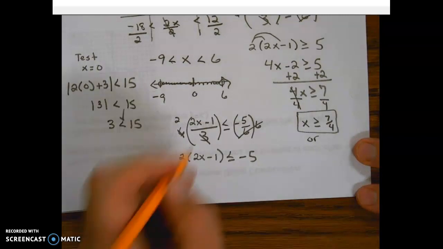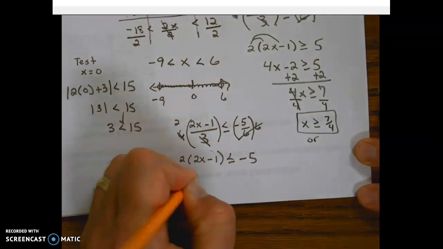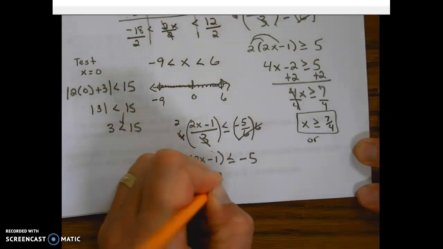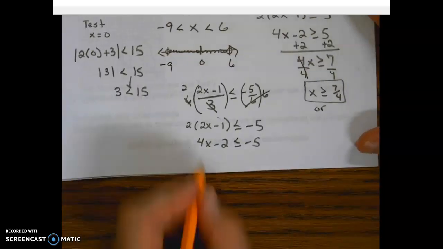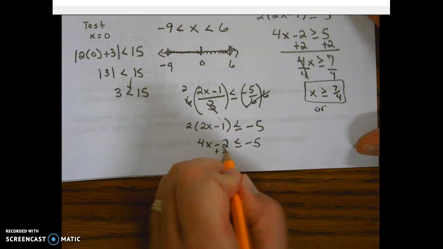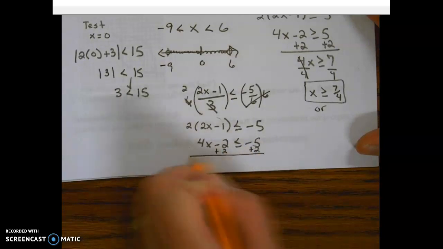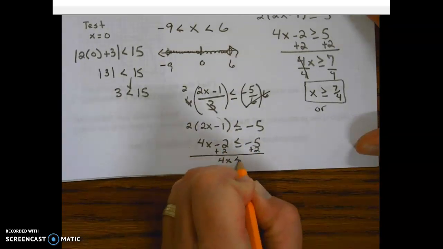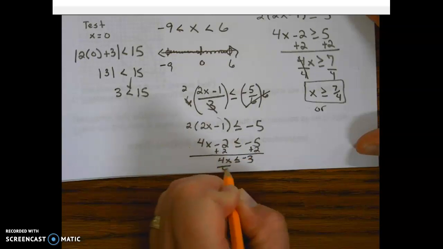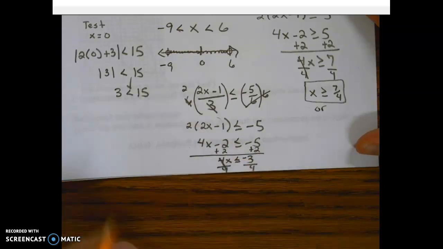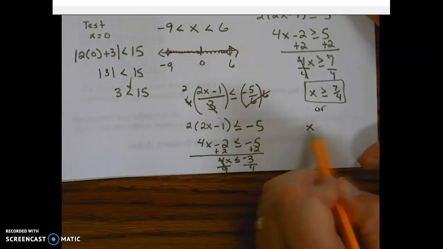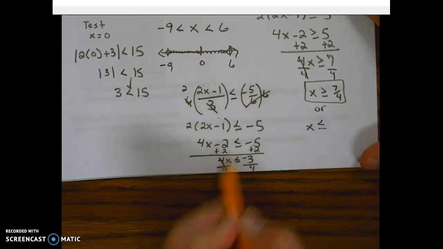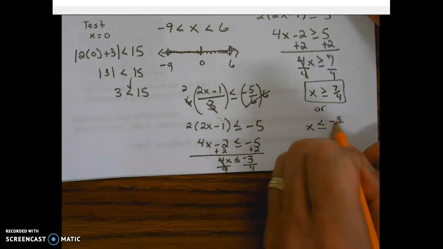All right, so distributing the 2, and then solving for x. So our second solution is x is less than or equal to negative 3/4.